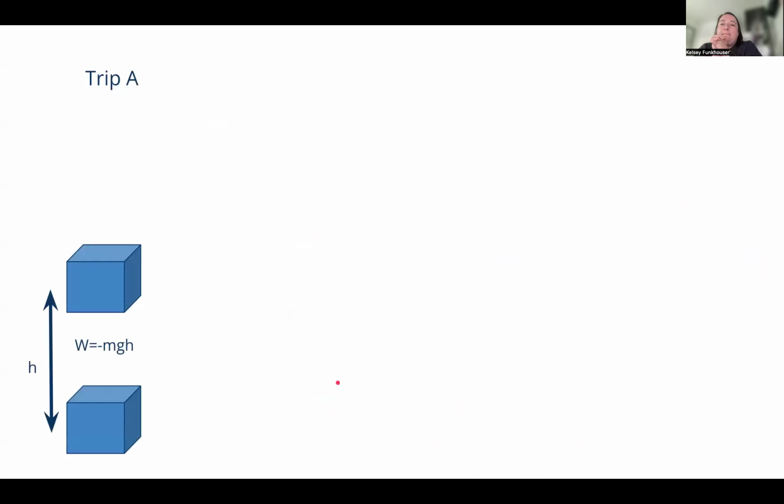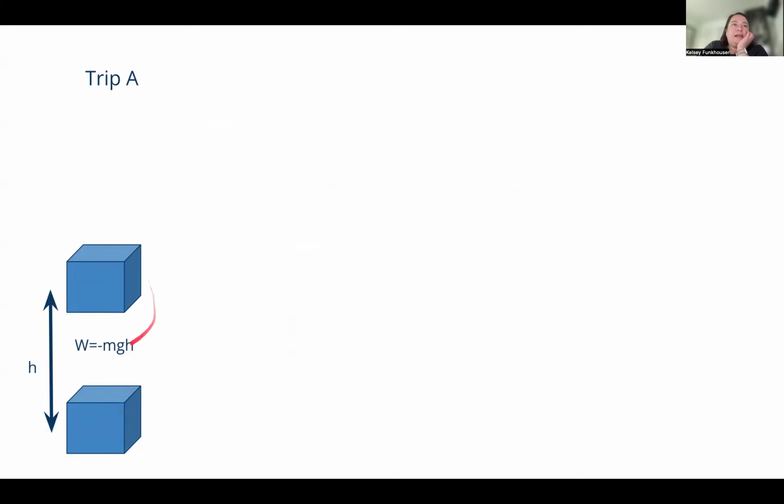Another thing that's important to think about with forces with respect to energy is whether or not the work done depends on the path taken to go from point A to point B. So let's say you're bringing a box to the first floor from the basement.